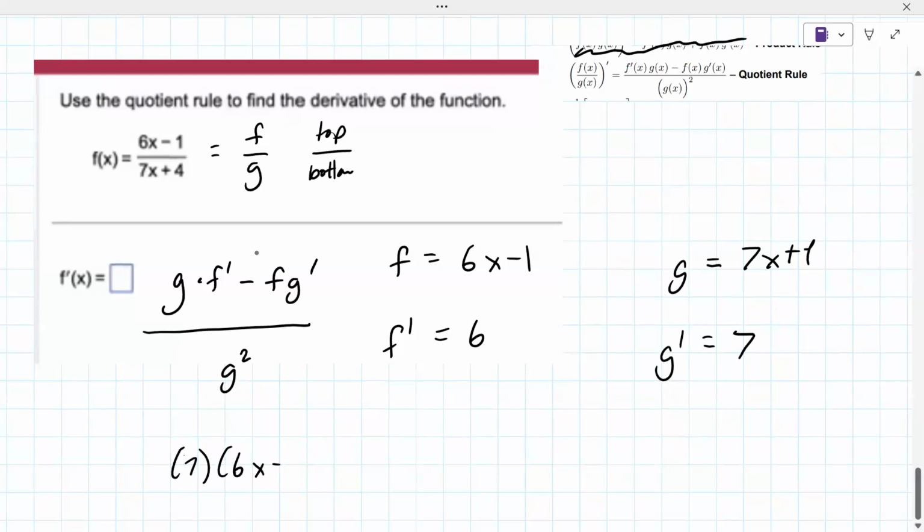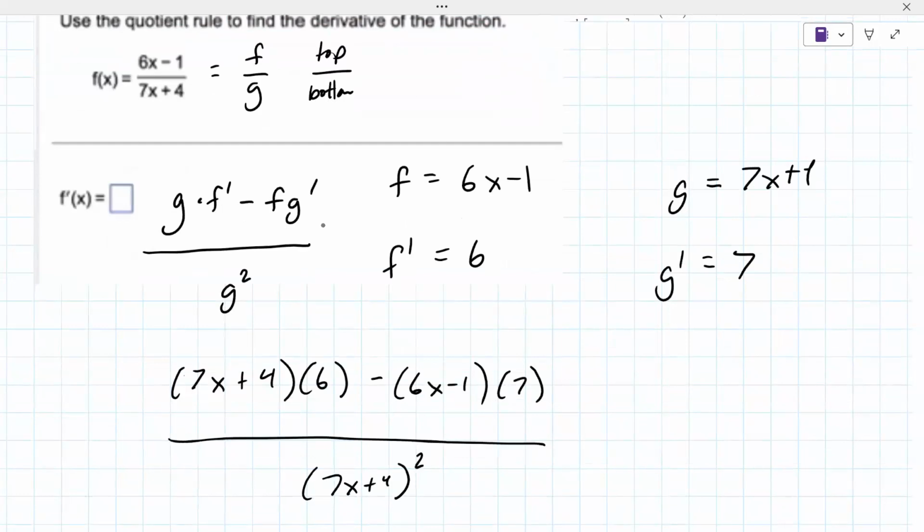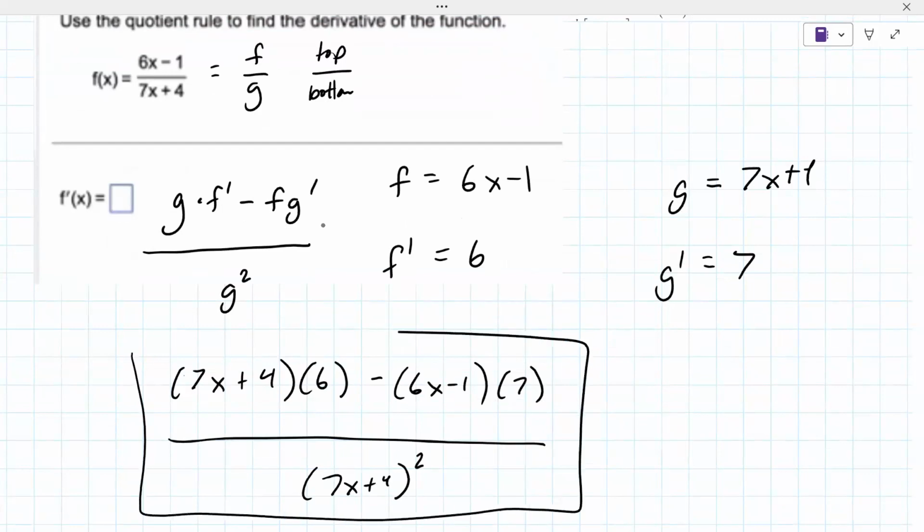Wow, I really messed that up. Whoops. All right, so G is 7x plus 4, f prime is 6, minus 6x minus 1 times 7 over 7x plus 4 squared. All right, and so this is your answer. You do not have to simplify.